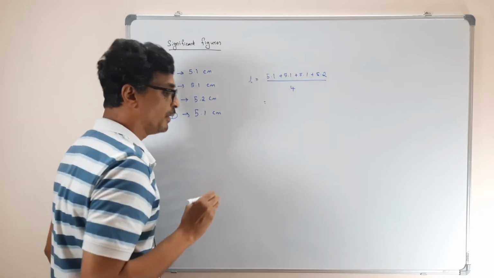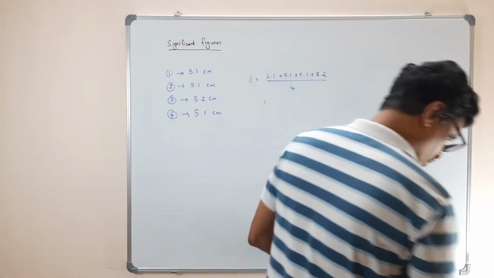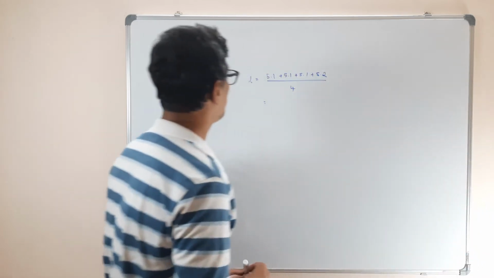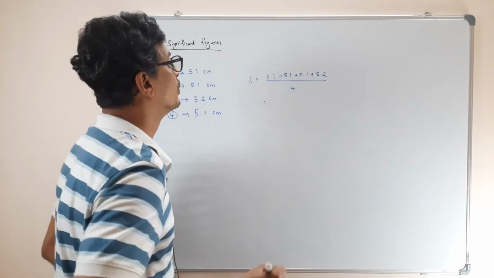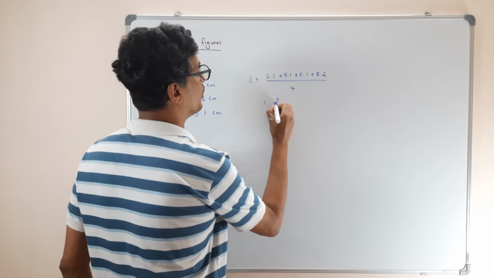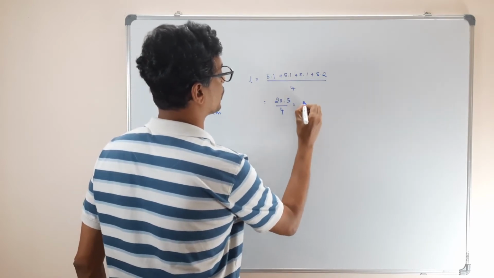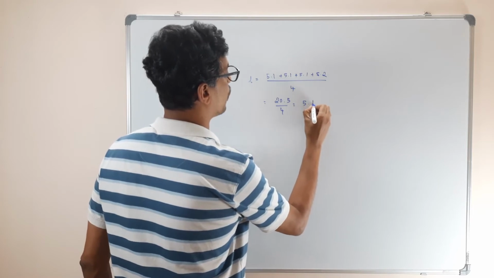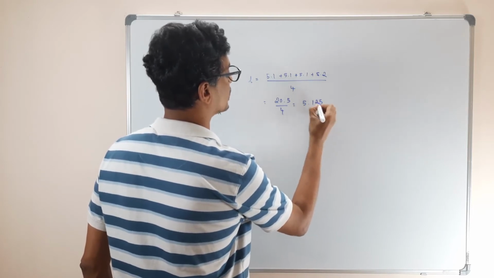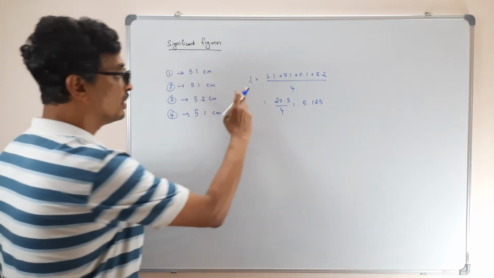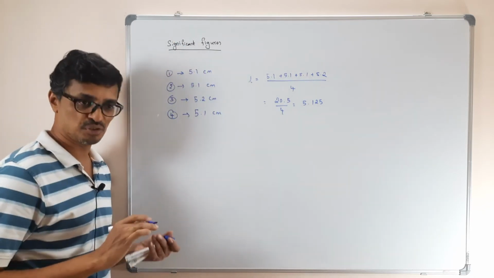That is 20.5 divided by 4, which is 5.125. So I would call the length 5.125.